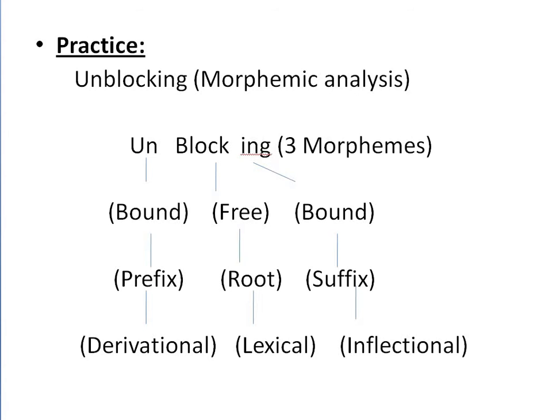So we have studied bound or free. Now, which type of bound and which type of free? In bound, un is not the type of morpheme that shows some grammatical function of a word, but it's a derivational morpheme.